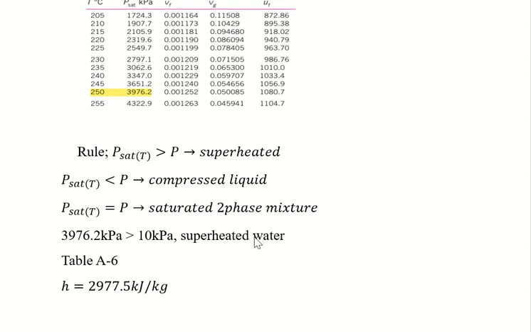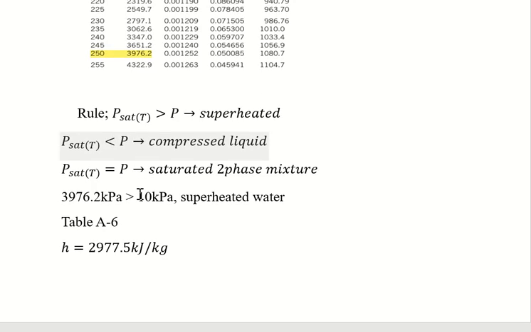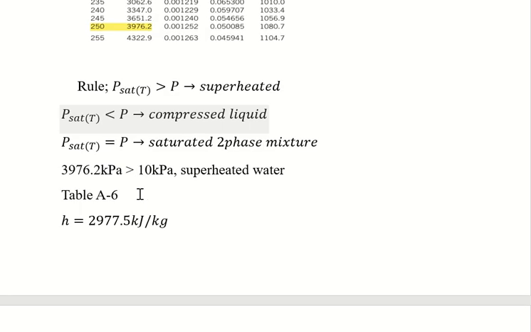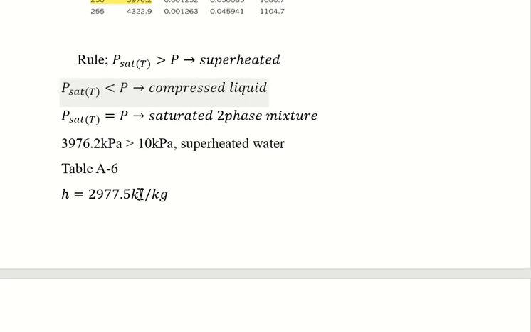So this is superheated water, and we won't use this table. We just used it to get to know what phase the water is in, and we already got superheated water. So we go directly to use table A6, which is the superheated water table, and from there we can get the value of enthalpy as 2,977.5 kilojoules per kilogram.